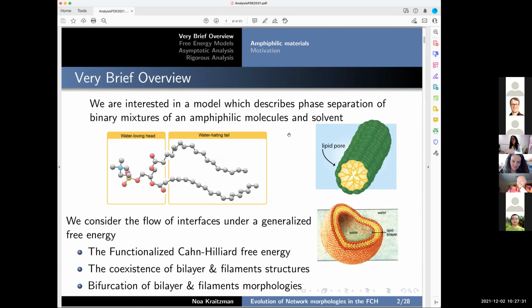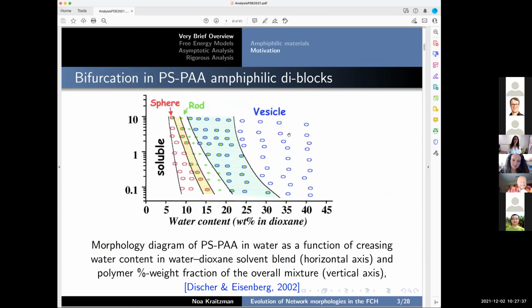Hydrophobic tails. These are the different structures. We have filaments, which are like spaghetti worms, and we have the bilayers. Okay, so in this slide, we're looking at Disher's and Eisenberg's experiment. In this experiment, they took diblock lipids and changed the volume fraction of the solvent. This is a water dioxide blend.